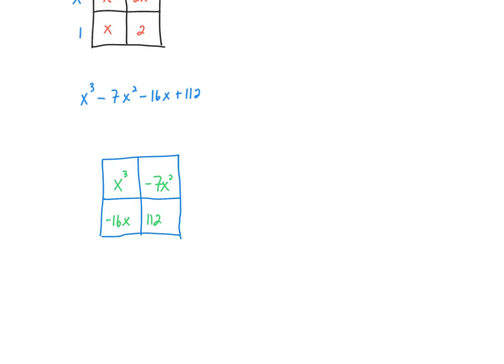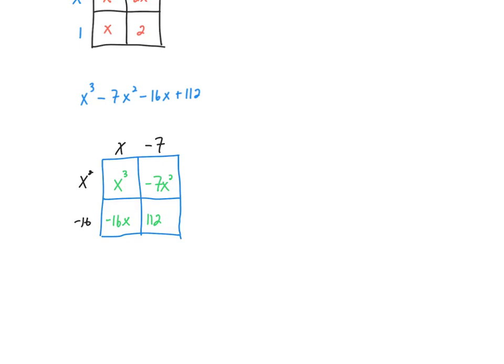All right, now I'm looking to fill in the outside. Again, I'm going to need an x squared and an x for this first one. I can see my x squared needs to go here and my x here. Then continue. x squared times something gives me negative 7x squared, so that is a negative 7. And then x times something gives me negative 16x. Well, that is negative 16.